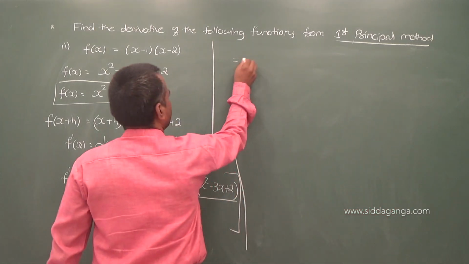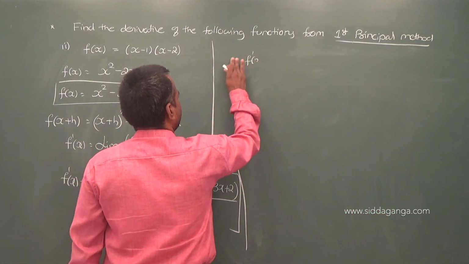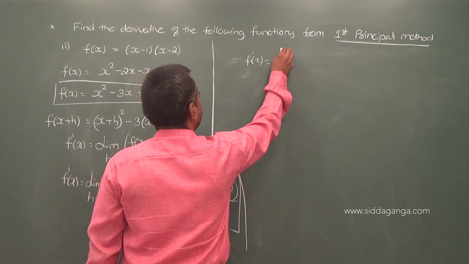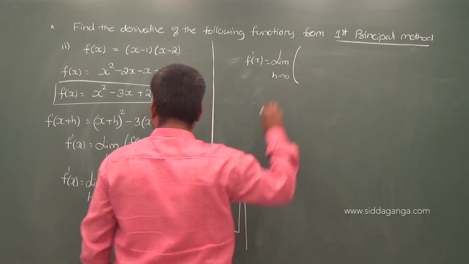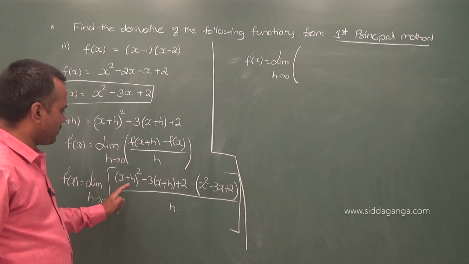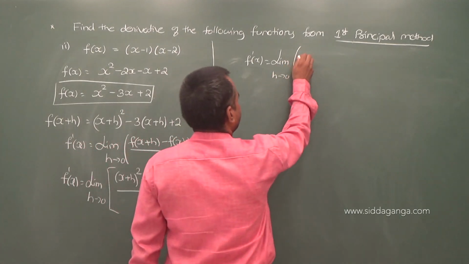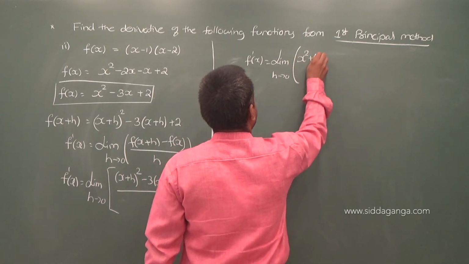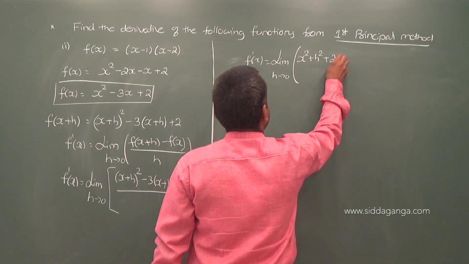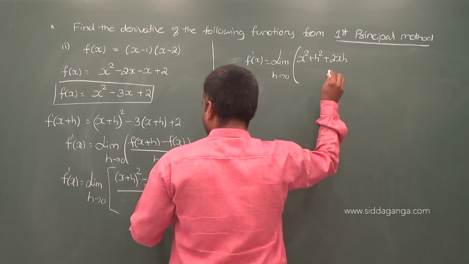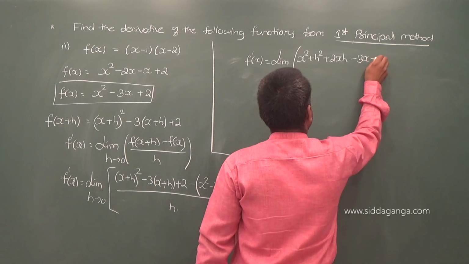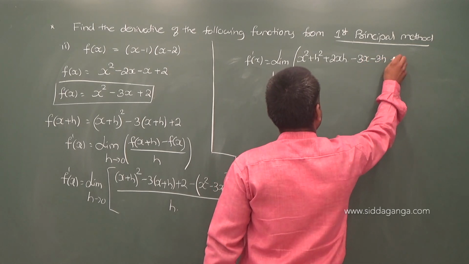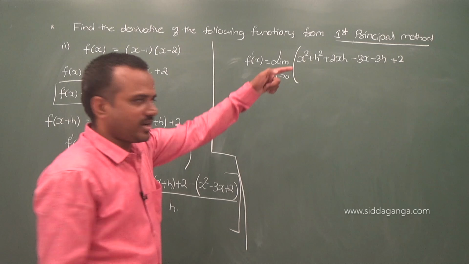So f'(x) is equal to limit h tends to 0. It is in the form of (a+b)², x² + h² + 2xh, minus, if you multiply by 3, 3x minus 3h plus 2.